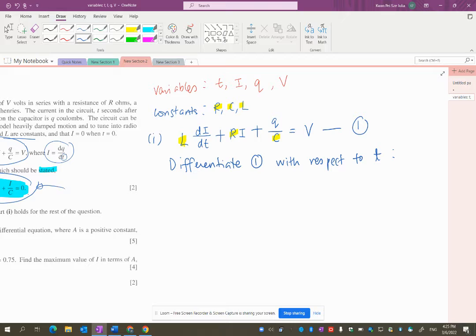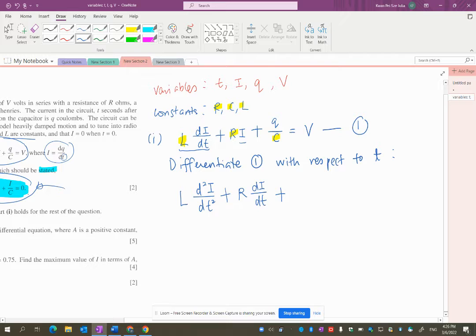Now when you're differentiating, do be careful. Take note of which are the variables that are constant. So in this case, L is a constant, all right? So therefore when we differentiate this expression, L is a constant multiple, so we can just copy down L and then just differentiate the I dt, which gives us the second derivative. And then R is also a constant. So again, it's a constant multiple. So we just need to differentiate I, which is a variable with respect to t.